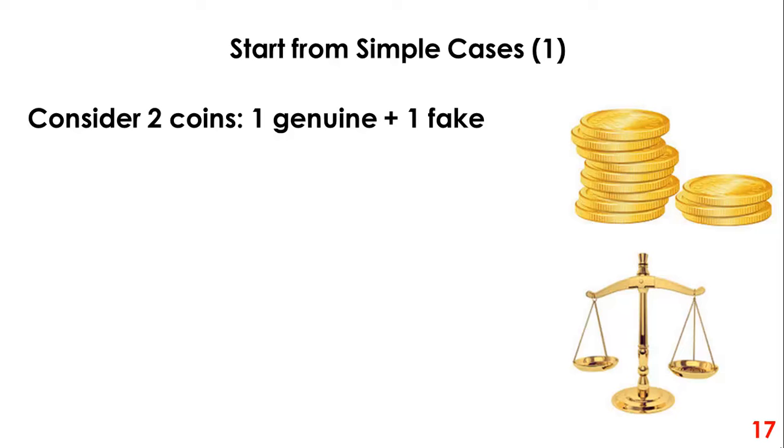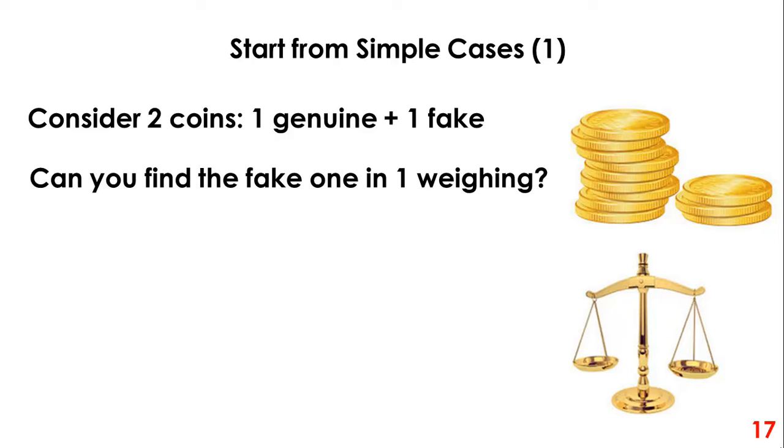Consider the 2-coin problem: 1 genuine plus 1 fake. In this case, can we find the fake one in 1 weighing? Because that's a small number, you should not need more than 1 weighing.